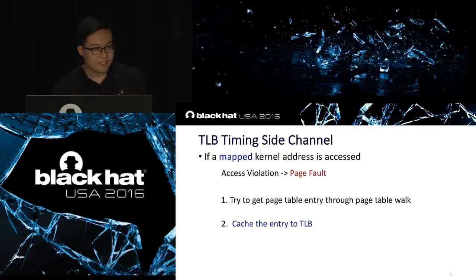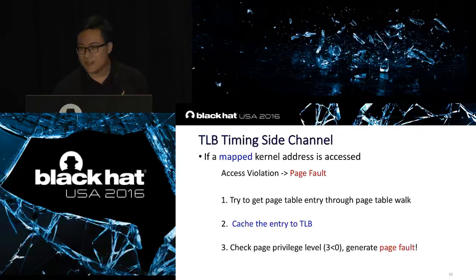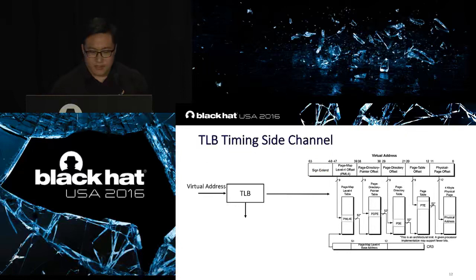Then the processor catches it first, then tries to compare the privilege, then it generates a page fault. So the different thing is that now it is cached into the TLB. The caching here creates a fast and slow path that can be exploited as a timing channel.